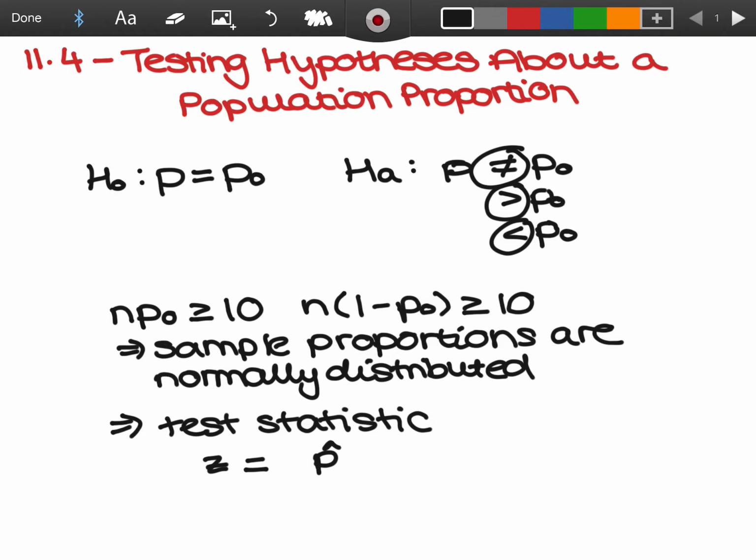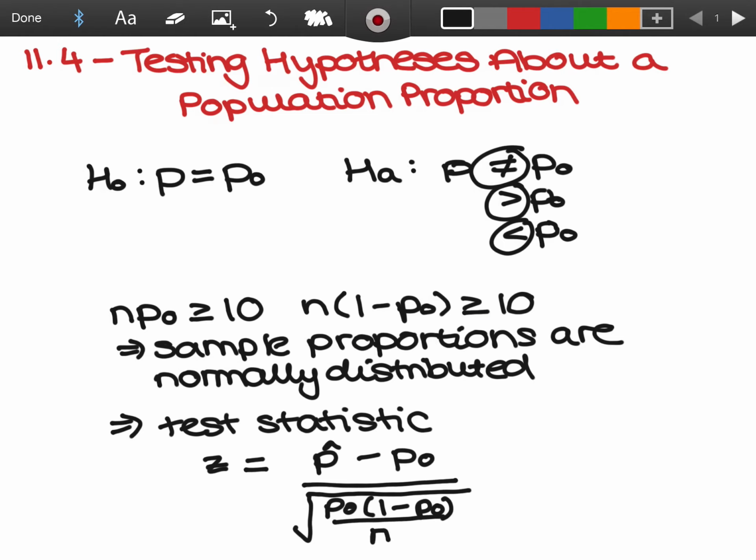Your test statistic is p hat minus that population proportion value, divided by the square root of your population proportion times 1 minus your population proportion, over n.